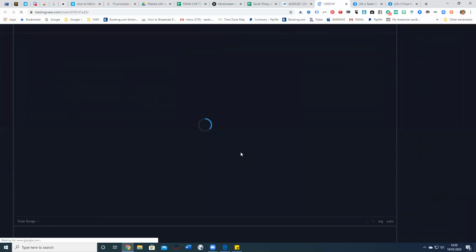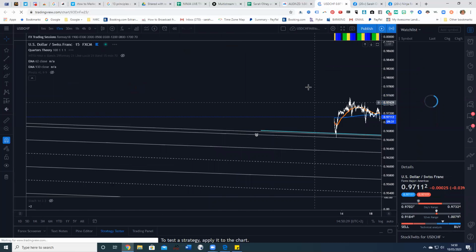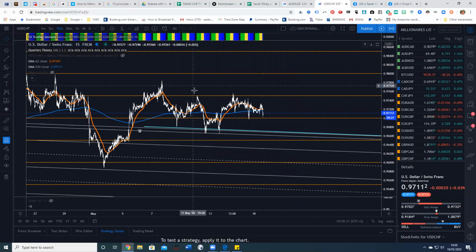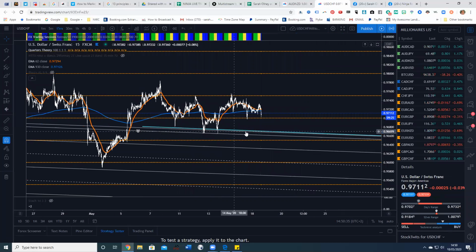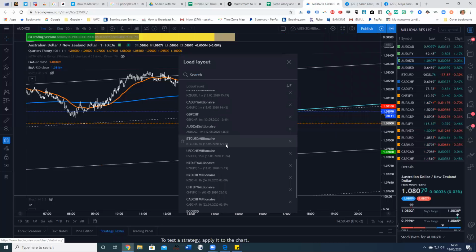USD CHF, Swiss franc, and it's outside. I don't have a lot of scans on any Swiss franc pairs. It's outside the extensions. I put that alert there ages ago. I don't have any trade on that. What else have we got?